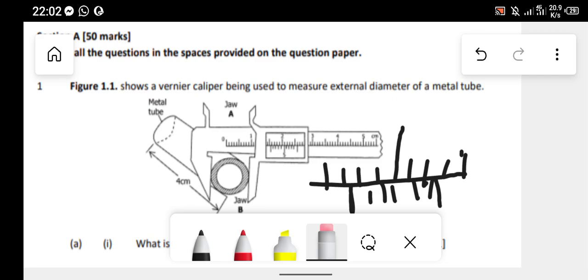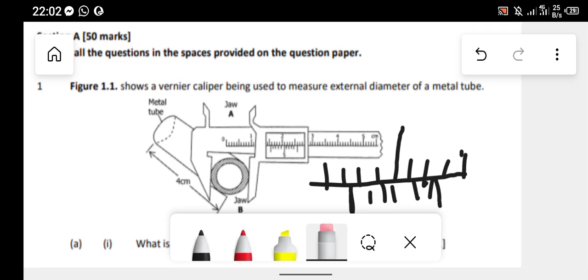You need to see where a line of the main scale and a line on the vernier scale form a straight line. That's your vernier scale reading. So after getting the vernier scale reading, you also need the main scale reading.